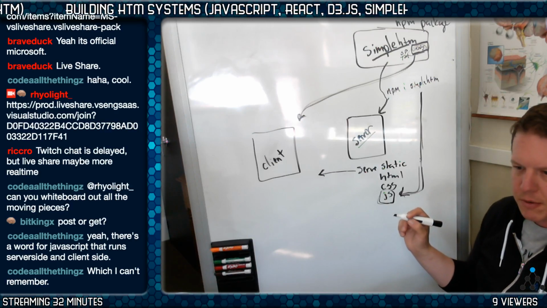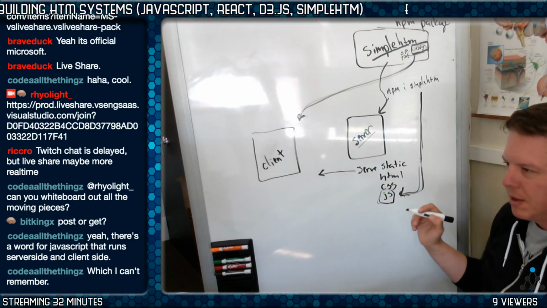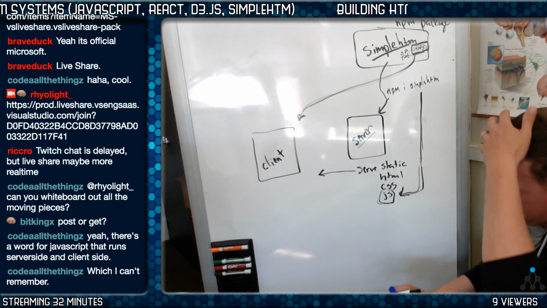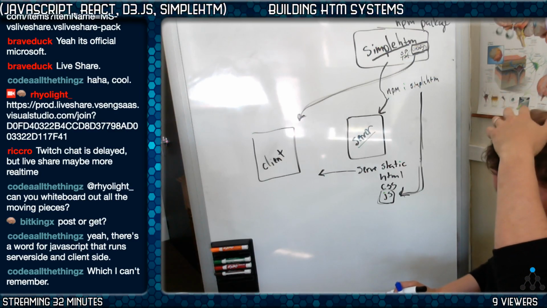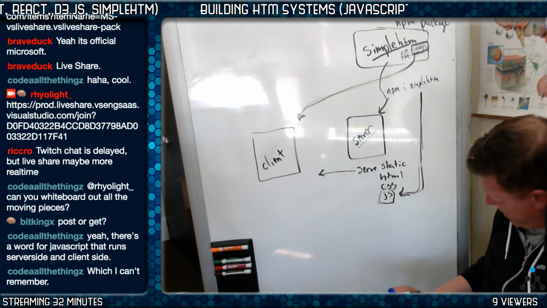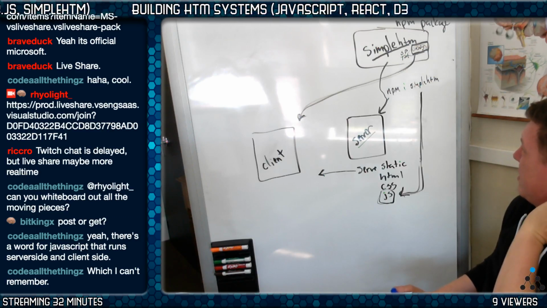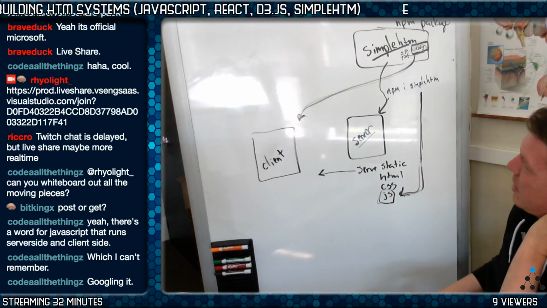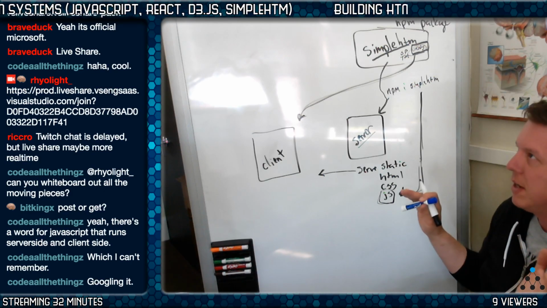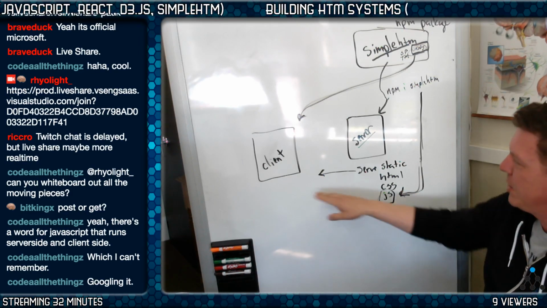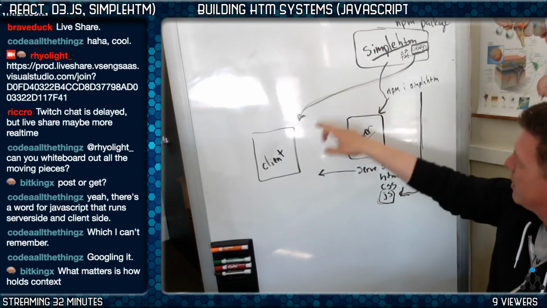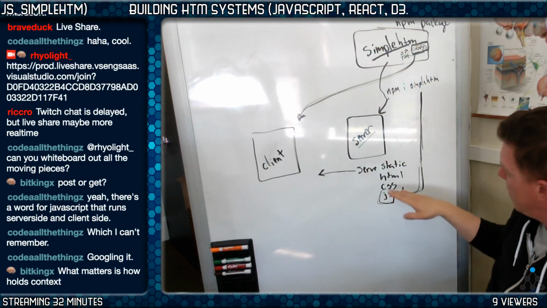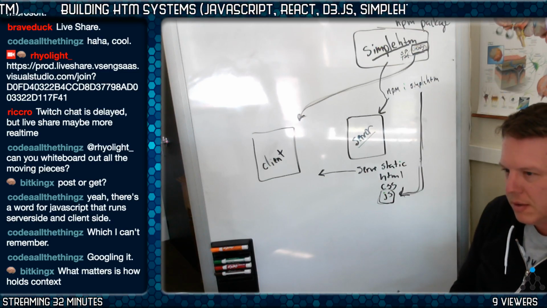Yeah, there's a word for JavaScript that runs server-side and client-side, which I can't remember. I know there's a word. I just thought that this particular problem, maybe it's a require interface, or is it CommonJS? It's just how to include this and install it in a way that it's available easily.